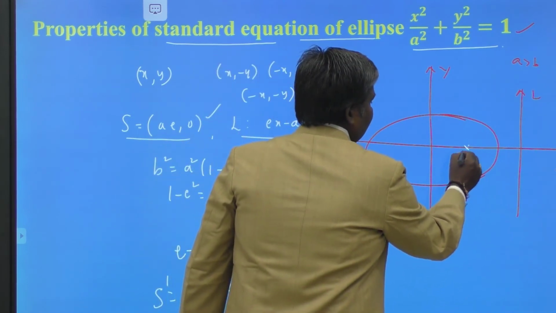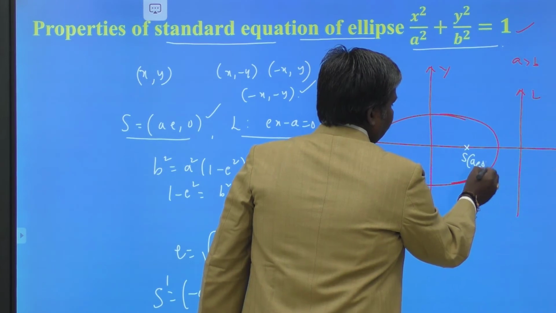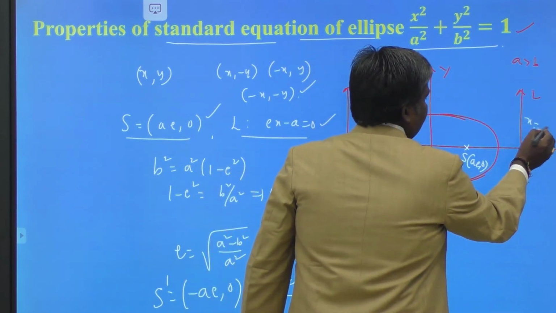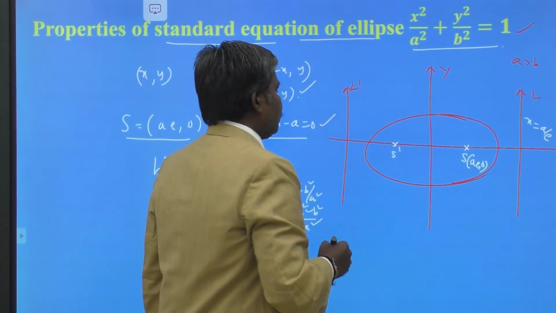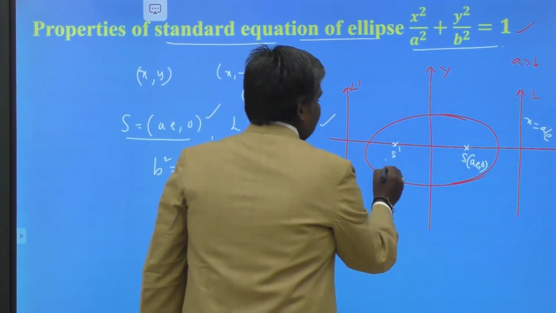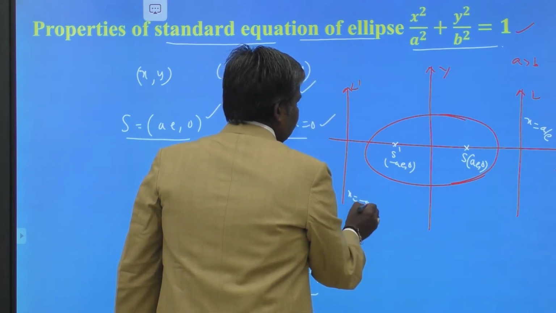So one focus is S equal to AE comma 0, directrix x equal to A by E, and another focus S dash, that is minus AE comma 0, and directrix x equal to minus A by E.